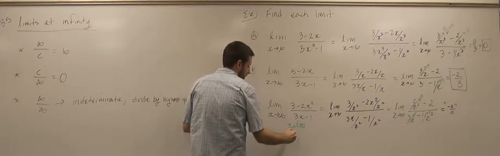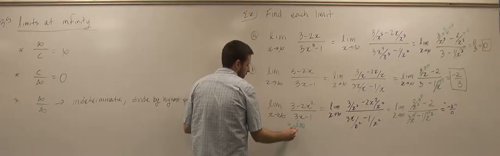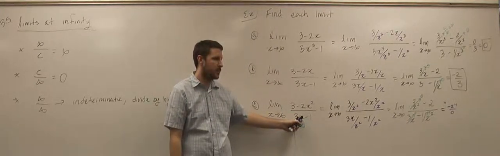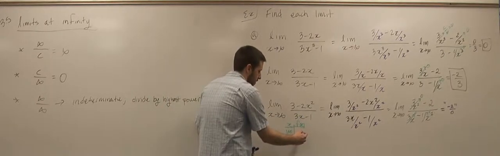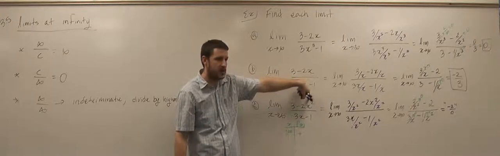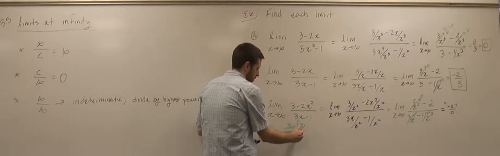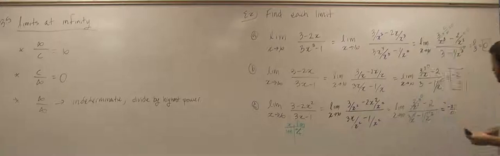But as x goes to infinity, put in a big number, whatever, 100, 1,000, million, doesn't matter. If you put 100, the bottom will be 300, positive, right? And if you put 100 on the top, 3 minus 2 times 100 squared, negative. So you're actually going to negative.